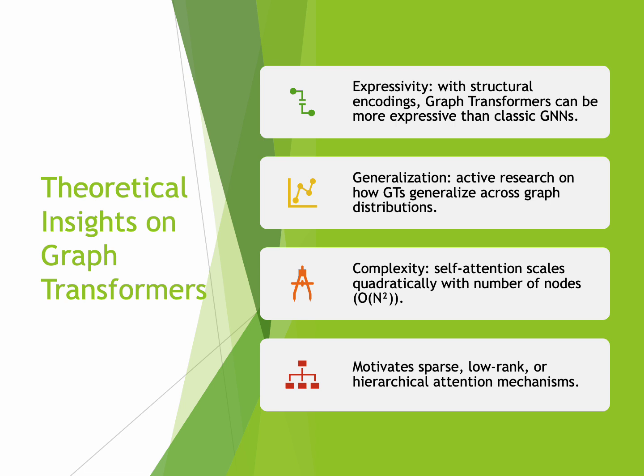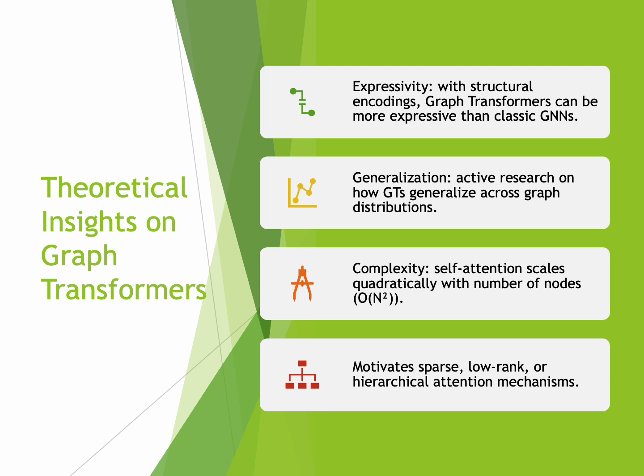With appropriate structural encodings, the answer is often yes. Graph transformers can be strictly more expressive. Another area is generalization. When do these models perform well on unseen graphs or distributions? Finally, there is the complexity aspect. Attention has quadratic cost in the number of nodes, which drives research into efficient and sparse attention mechanisms.